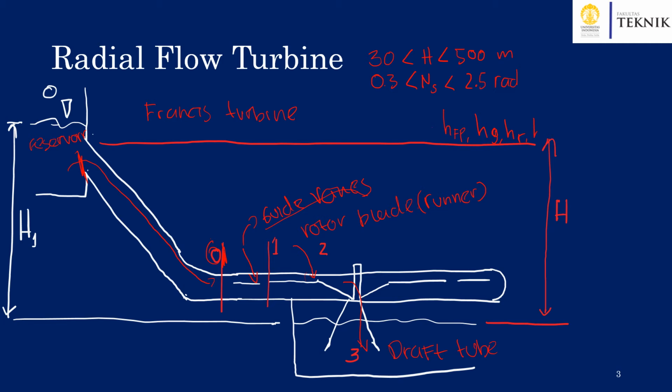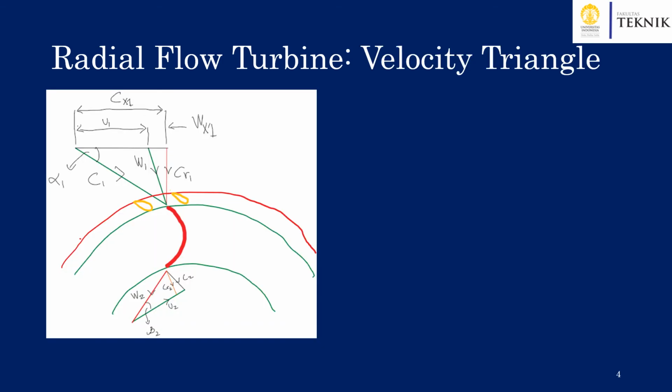We have HD as the power losses due to the fluid interactions with the draft tube. In terms of the head available, between the upper reservoir and the fluid level at the draft tube here, we have the available head of H1, and due to the losses of hfp, we will have the effective head, or H, capital H. And now let's proceed with the velocity triangle of a radial flow turbines.